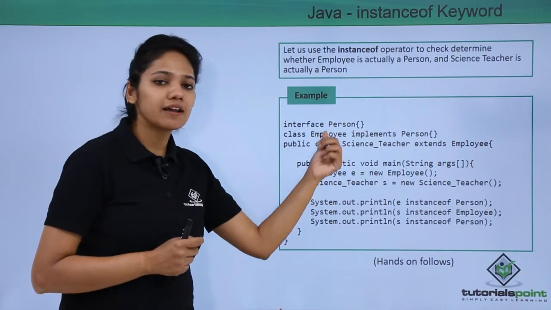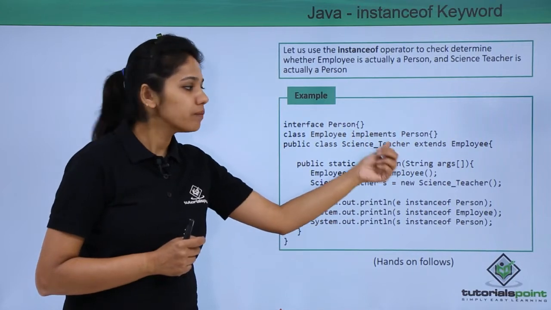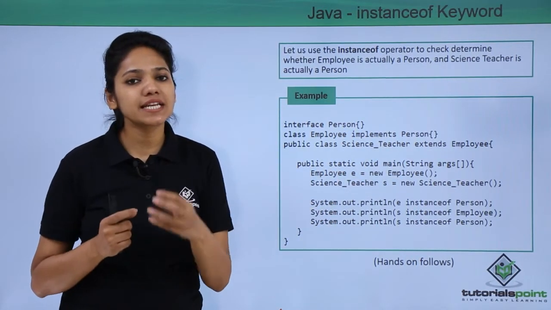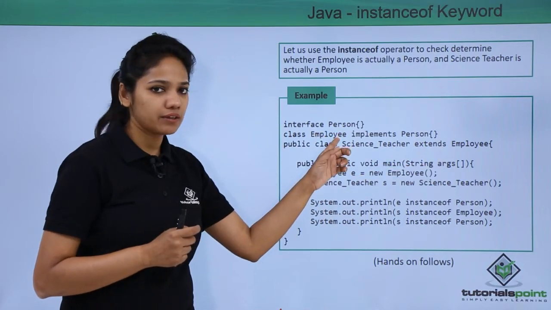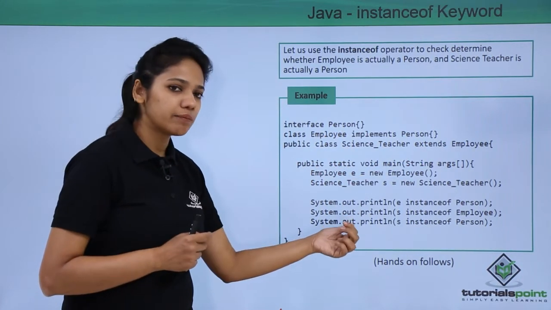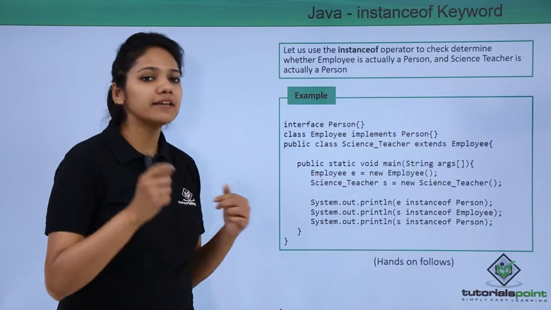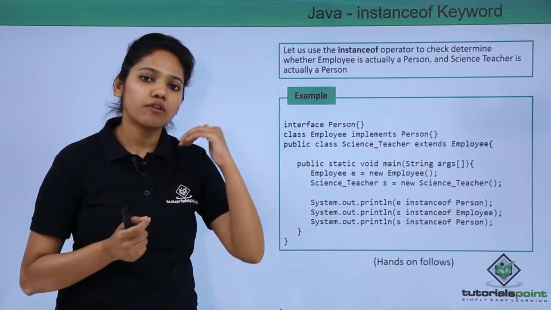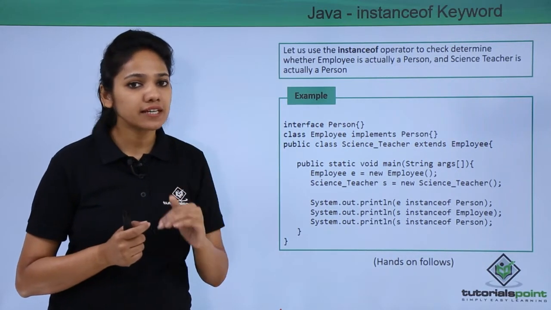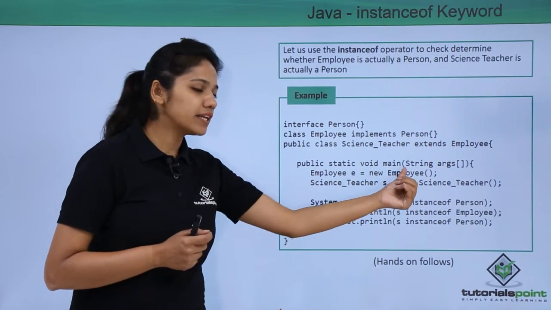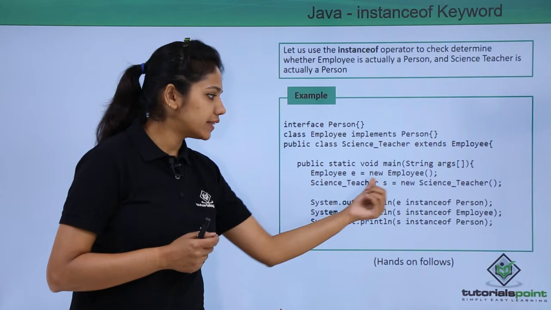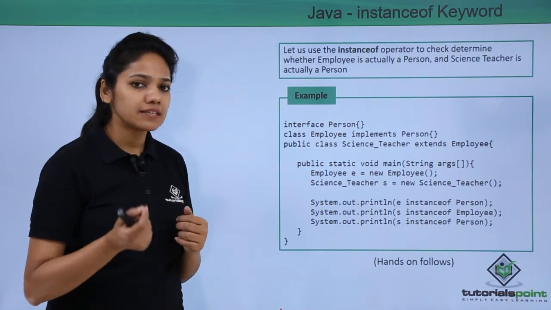Next, we have created another class called science teacher which wants to extend the behavior from its employee class. Now in its main method, we have created the object reference for its parent class and for its current class, that is our child class, science teacher. So we have created an object reference for employee and then an object reference for science teacher.